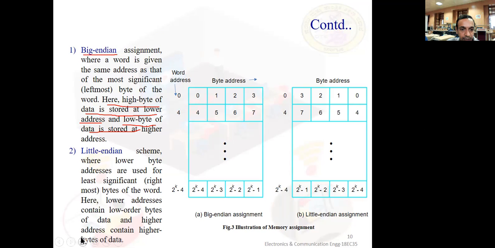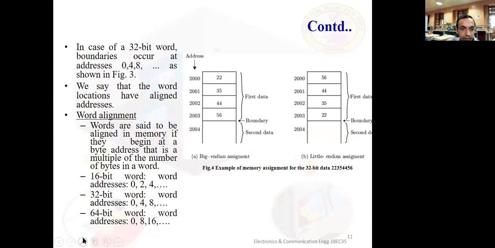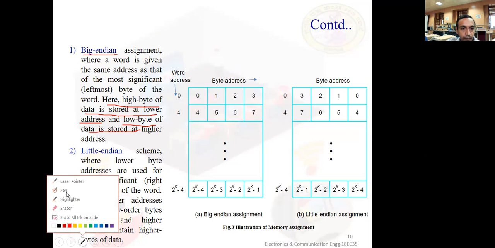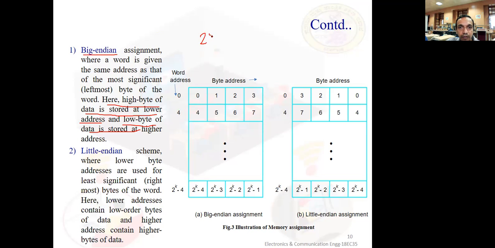Just now I talked about data size, right? Once again, suppose you write 25, that is 1 byte, I said. Or suppose you write 3678, this is a 2 byte number.